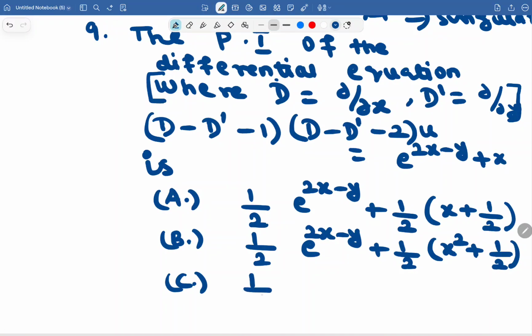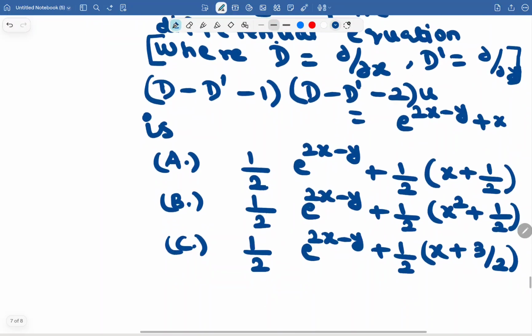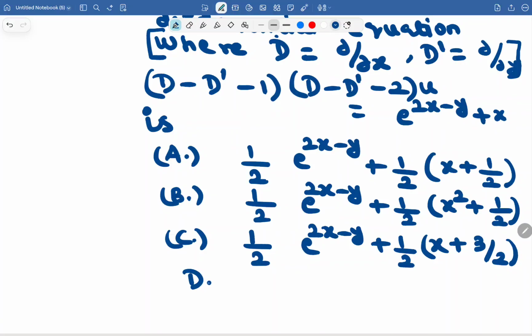Option C: 1/2 e^(2x−y) + 1/2 x + 3/2. Option D: e^(2x−y) x + 3/2.